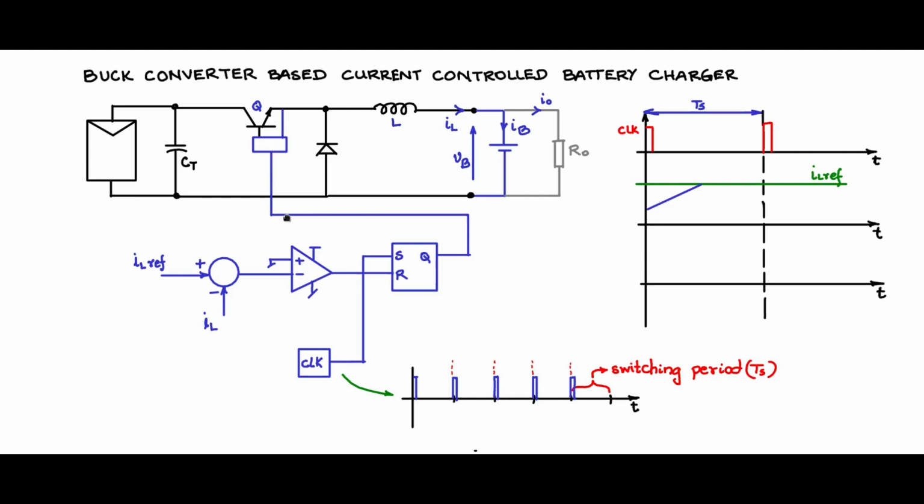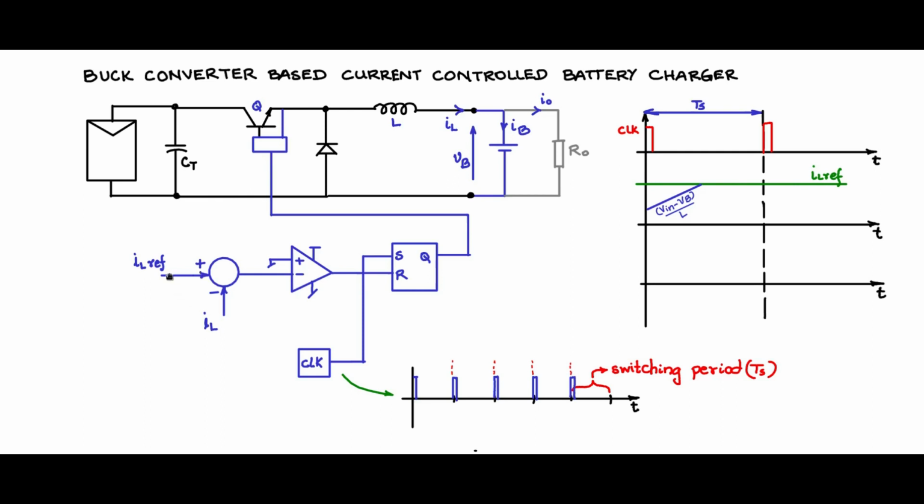So when Q is high, it is providing the base drive or gate drive to this power semiconductor switch, and thereby the inductor current is integrating and having a positive slope, and that positive slope is V in minus VB, V battery, divided by L. So it keeps increasing in this fashion. IL ref is higher than IL. This is IL ref which is higher than IL.